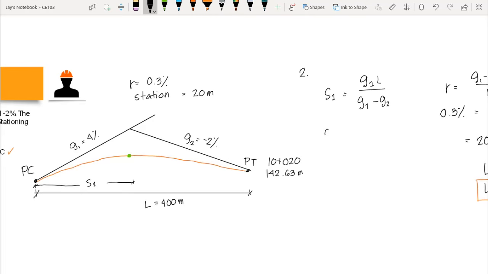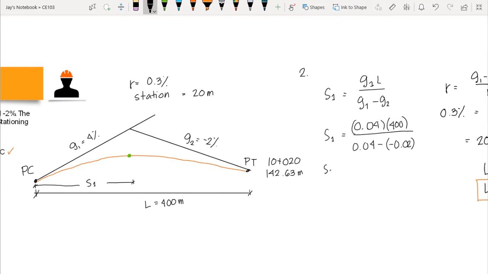So therefore we have S1 is equal to, our G1 is 4%. You can express that as a decimal, so we have 0.04 times L, which is 400, over 0.04 minus negative 0.02.